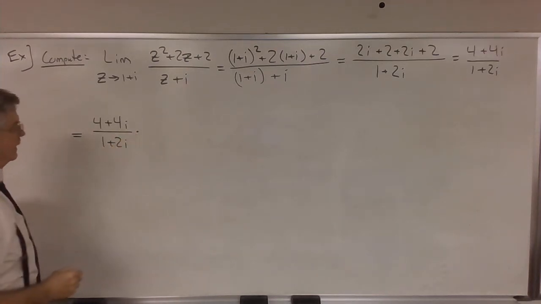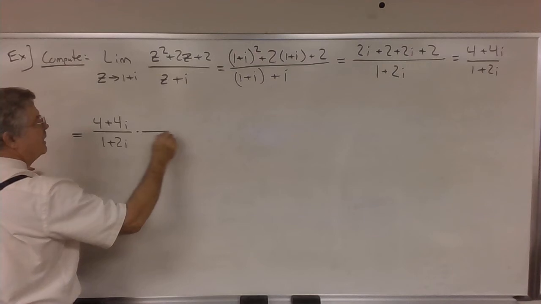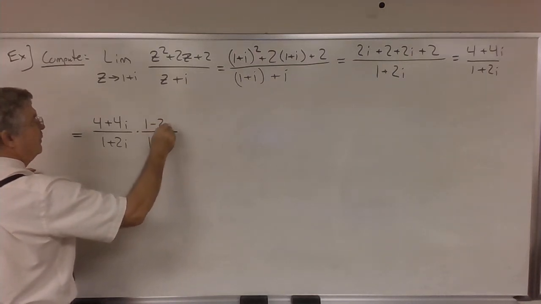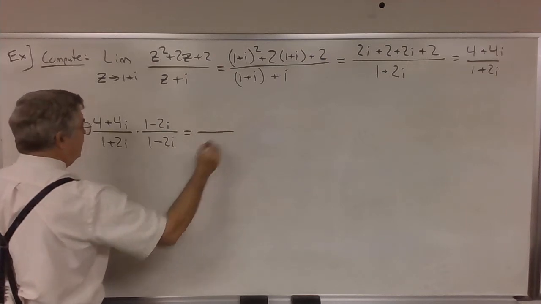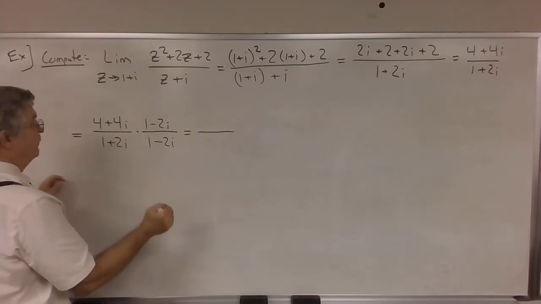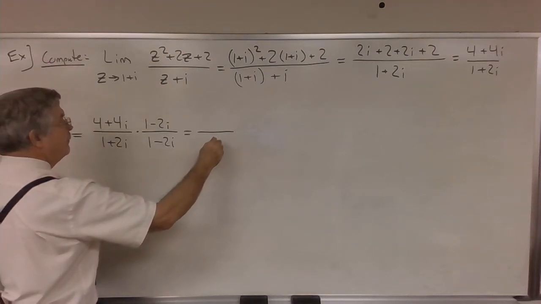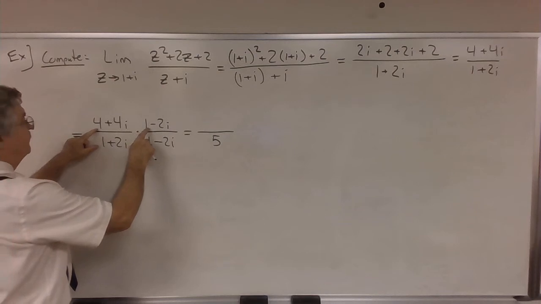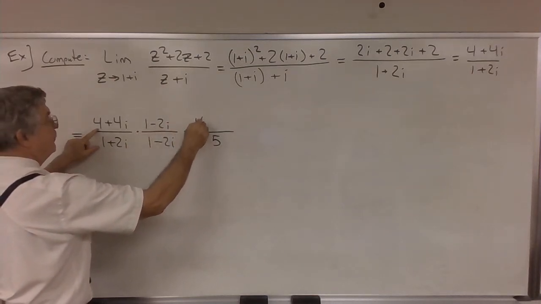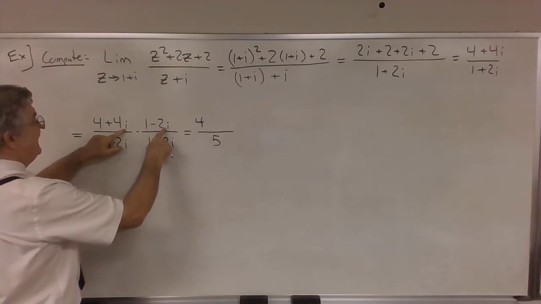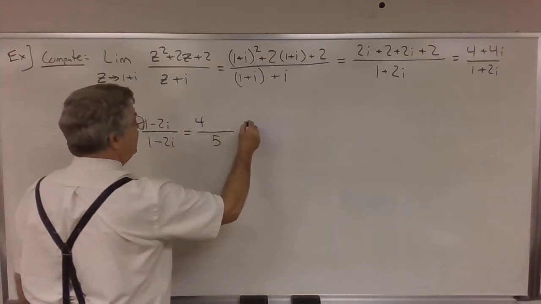And to divide by a complex number, we multiply by its conjugate. So we're going to get 1 minus a negative 4. And up top we get 4. And we get 8i. No, just 8 rather.